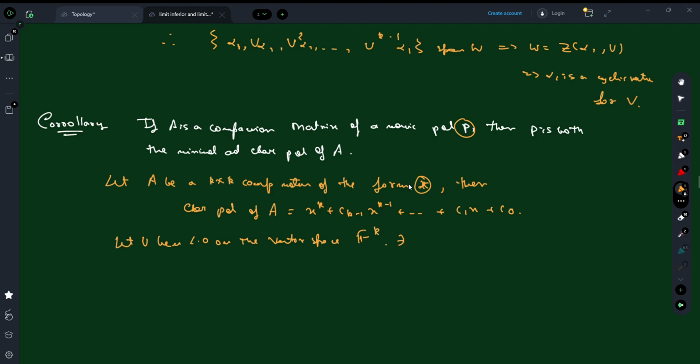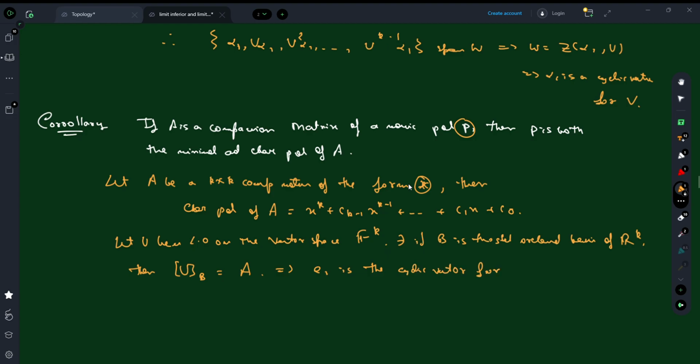If B is the standard ordered basis of R^k, then the matrix representation of U with respect to the standard ordered basis is this companion matrix. But doesn't that immediately mean that e1 is the cyclic vector for U, right?